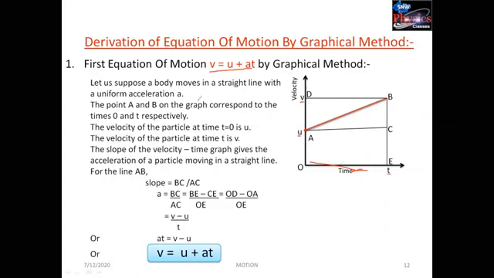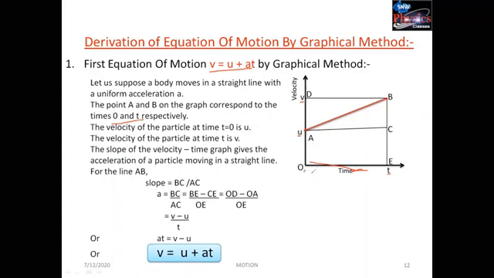Let us suppose a body moves in a straight line with uniform acceleration. The body is traveling from point A to B. The points A and B on the graph correspond to the time 0 to t.